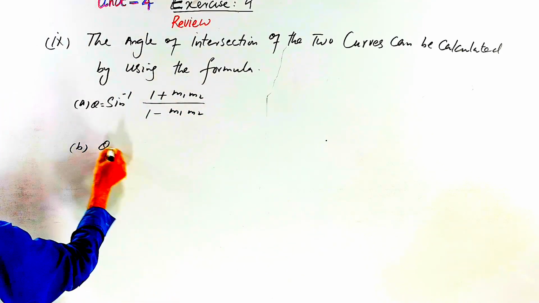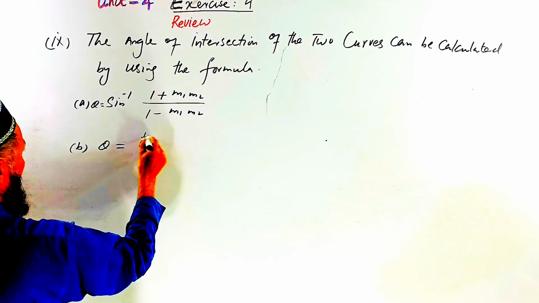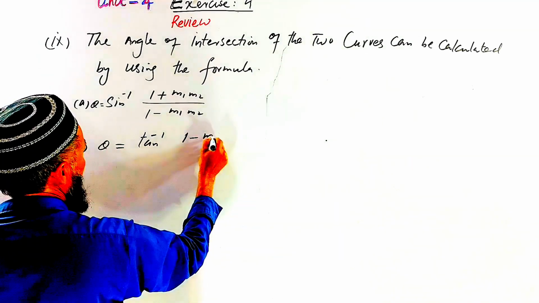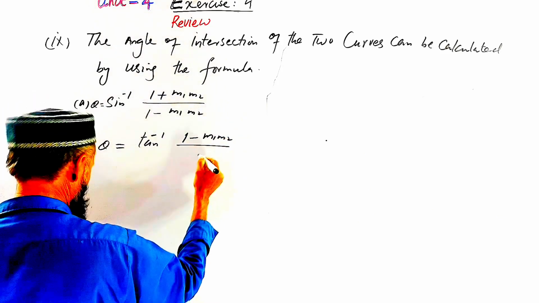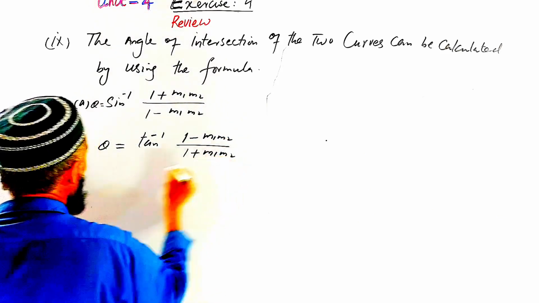Option B: theta is equal to tangent inverse of 1 minus m1 m2 over 1 plus m1 m2.